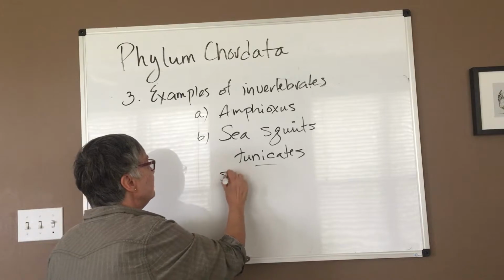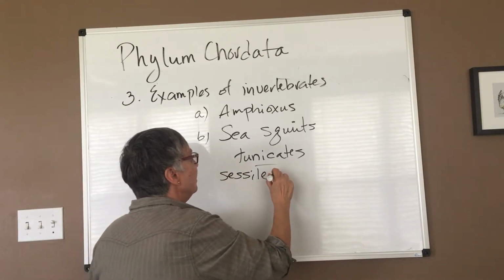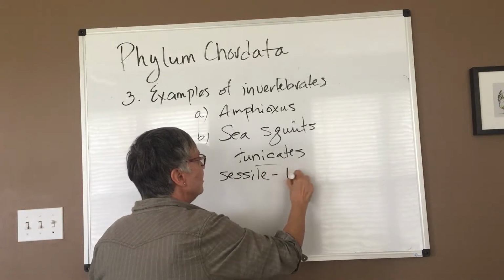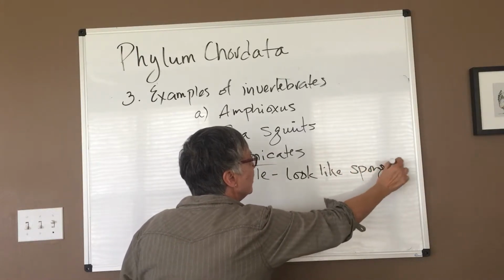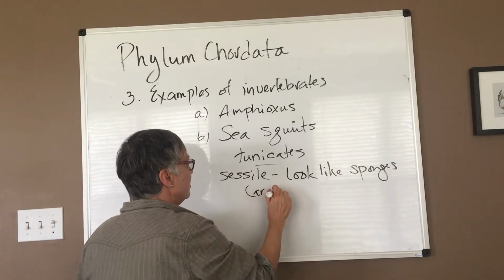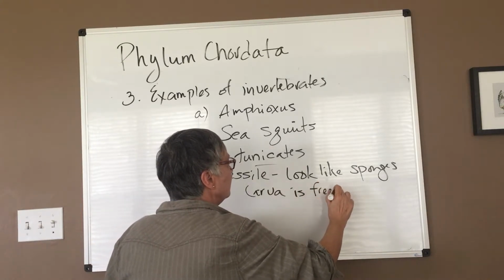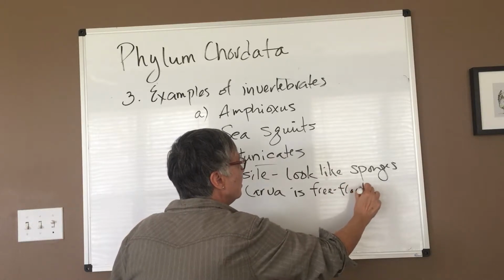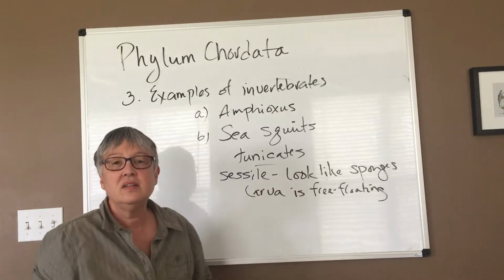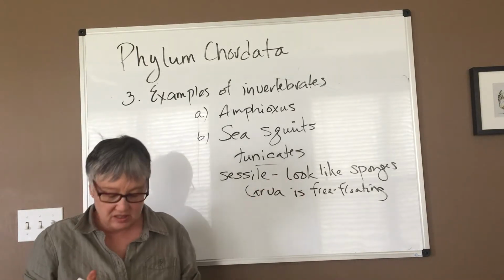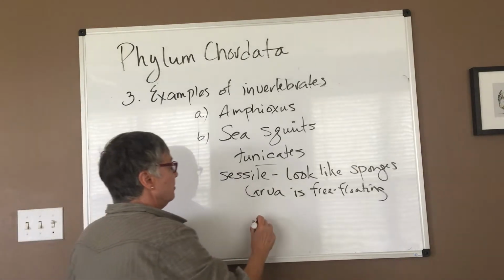They are also sessile. Well, they're more sessile than the Amphioxus. They kind of look like sponges almost. Their larva is a free floating organism, and between the larva and the sessile form, they do have the characteristics of the chordates. These are also filter feeders.